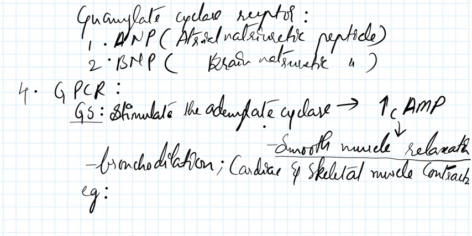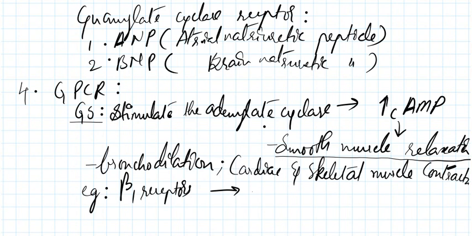Now what are the examples of Gs type of receptors? Beta 1 receptors. If they are activated, they lead to cardiac muscle contraction. So if beta 1 receptors are stimulated, it increases the cardiac activity.